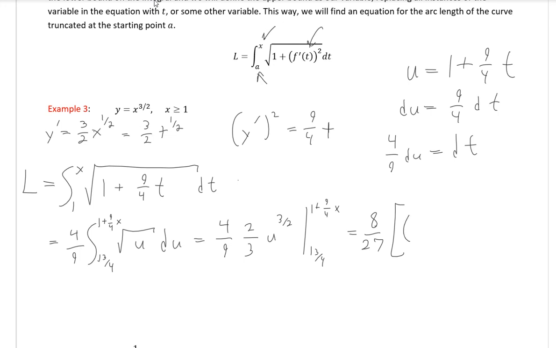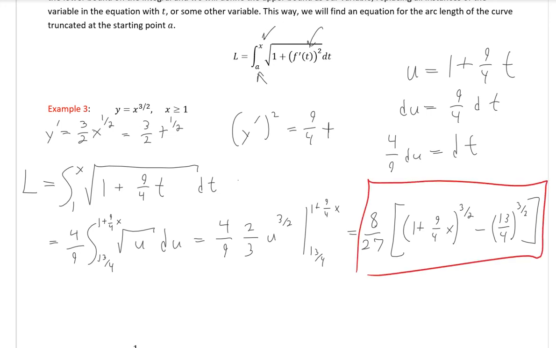Then we have 1 plus 9/4 x to the quantity 3/2 minus 13/4 to the 3/2. And that would be my answer.